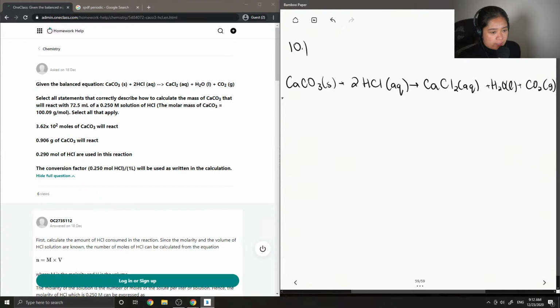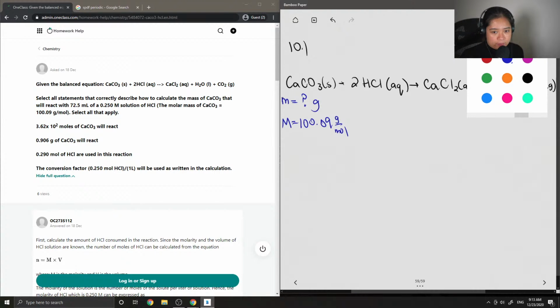So let's just write down everything that we know and what we're looking for. We're looking for the mass of calcium carbonate in grams. They also give us the molar mass of calcium carbonate, which is 100.09 grams per mole.